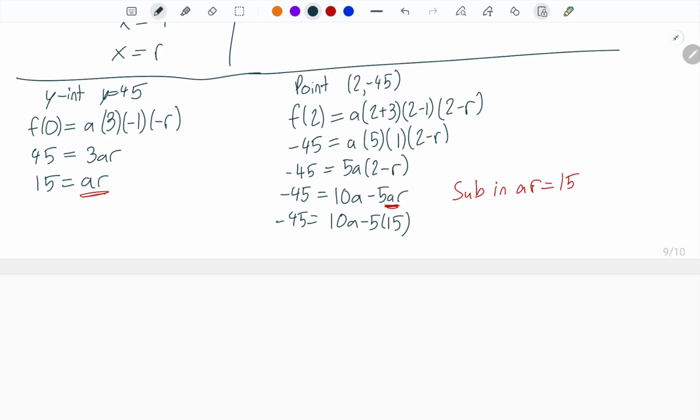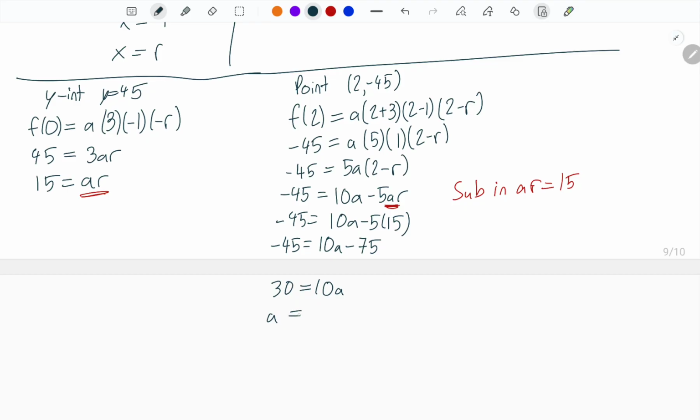Okay, and now we just have an equation in terms of a. We can solve for a, we can solve for r afterwards. So then we can get our final function. So -45 is equal to 10a, 5 times 15 is going to be 75. Add that to the other side, is going to be 30 equals 10a.